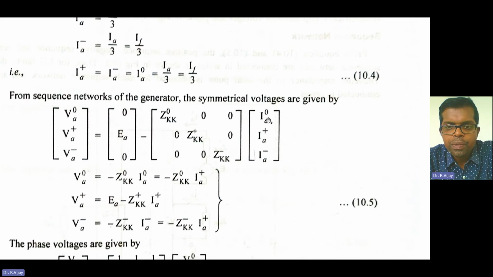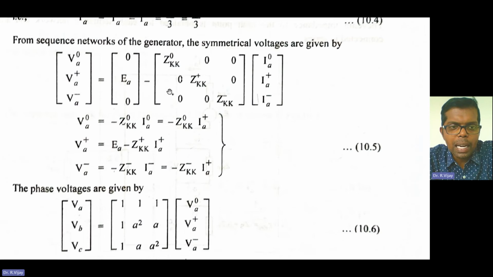Next, into IA0, IA positive, and IA negative. We have already seen something similar in the sequence network of the generator by considering the symmetrical voltages in our previous classes. That is, VA is equal to EA minus Z into IA. That is the formulation that we already saw.